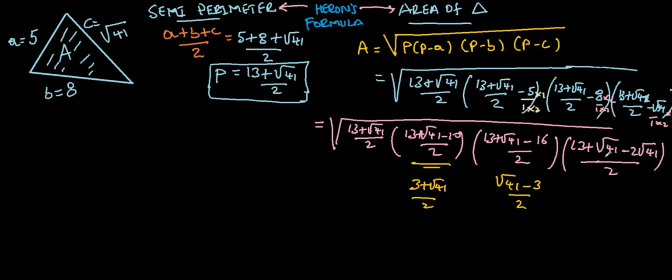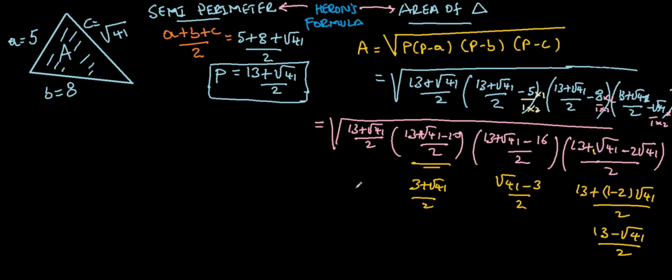And here, 13 plus 1 minus 2 times the square root of 41 over 2. Then this will be just 13 minus the square root of 41 over 2, because there is coefficient 1 here, 1 minus 2 will be minus 1. So minus the square root of 41 over 2.